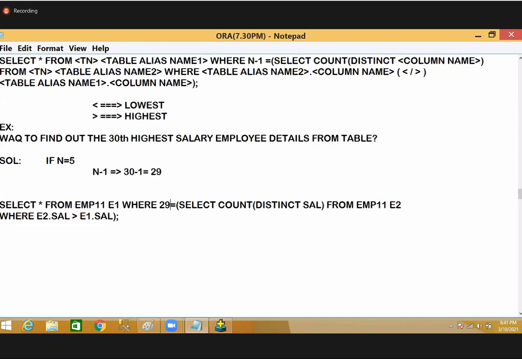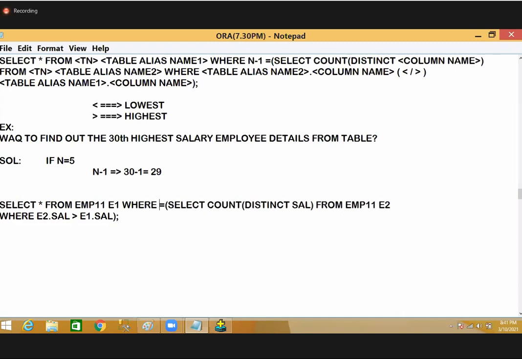Suppose the person is asking for the 150th salary, then 149. The 1024th highest salary, then 1023.